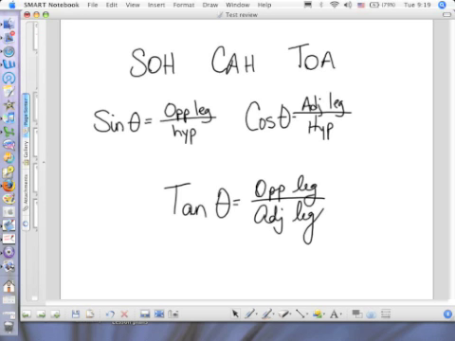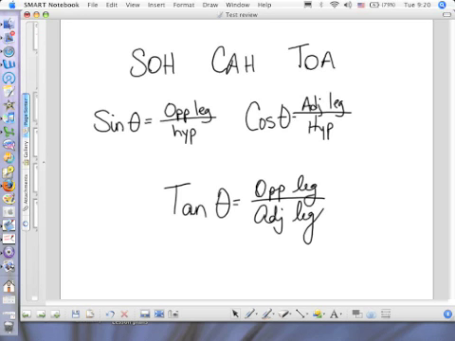So if there is no hypotenuse labeled, you automatically know you're going to be using tangent. Sine of your angle is equal to the opposite leg over the hypotenuse. The cosine of your angle is the adjacent leg over the hypotenuse. And the tangent of your angle is equal to the opposite leg over the adjacent leg.